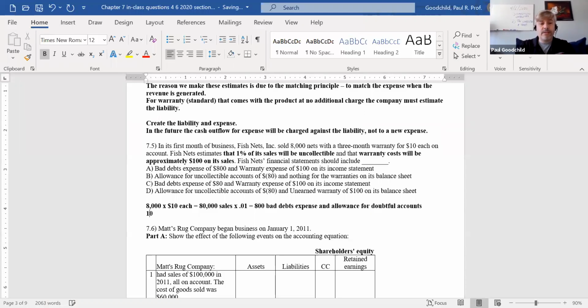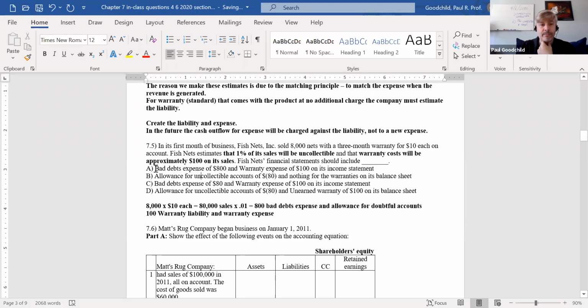And then it says we have $100 in warranty liability and warranty expense. So we have to find what sort of meets that. It says bad debts expense of $800 and warranty expense of $100 on its income statement.